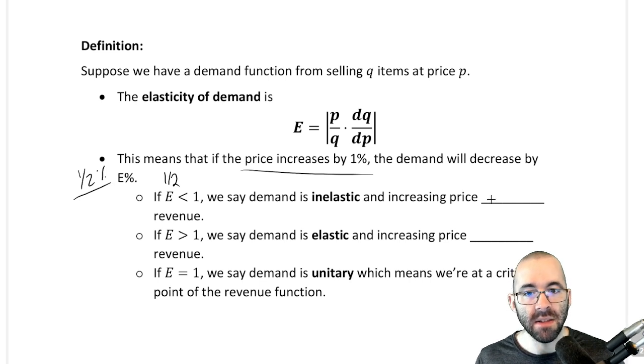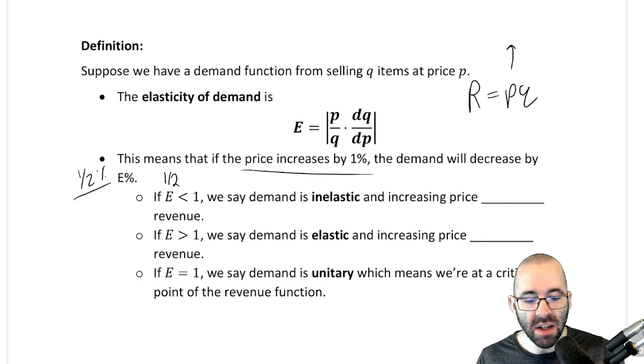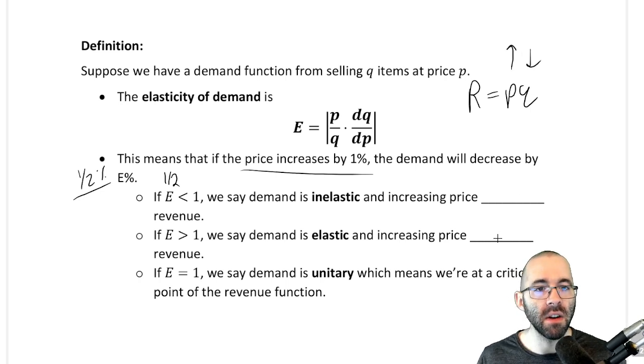So that means that we want to increase the price. Why? Because revenue is always price times quantity, but increasing one will always decrease the other. So it's just a question of what's increasing or decreasing faster. If the increase is faster, then we want to increase it.